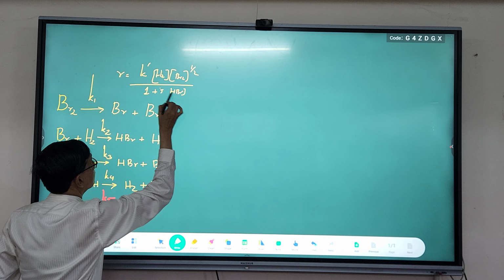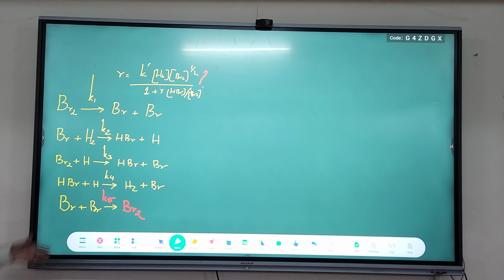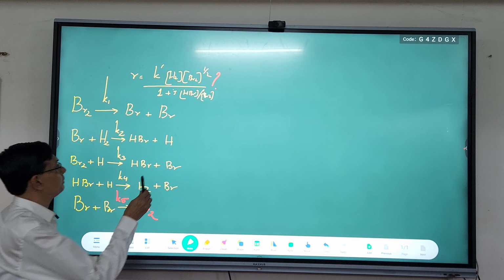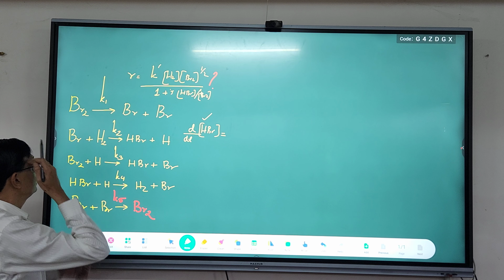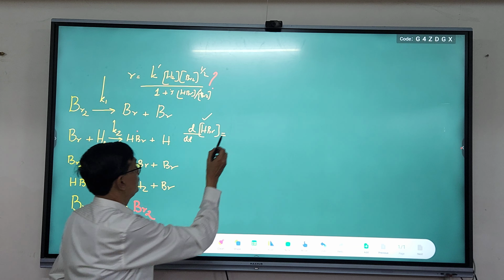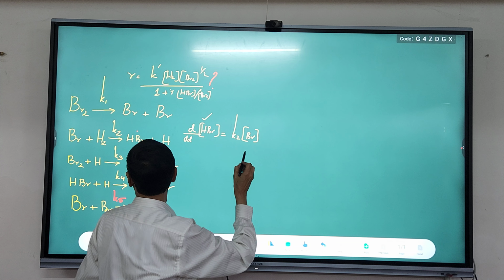So I have to determine this law with the help of the steady state approximation method. First I must write d[HBr]/dt, this is our main reaction. In the first case, HBr is formed, so we can write K2 [Br][H2].